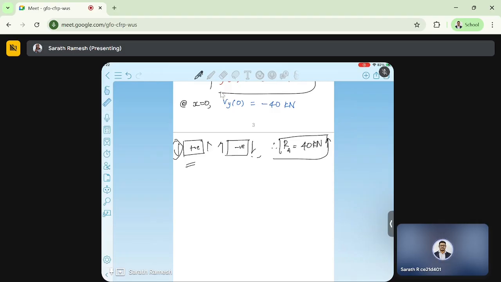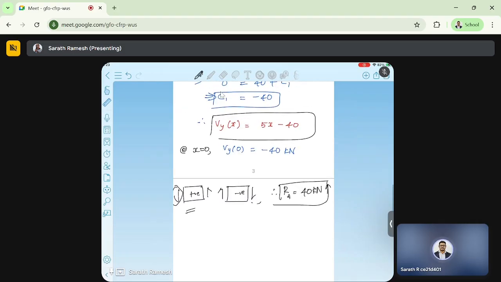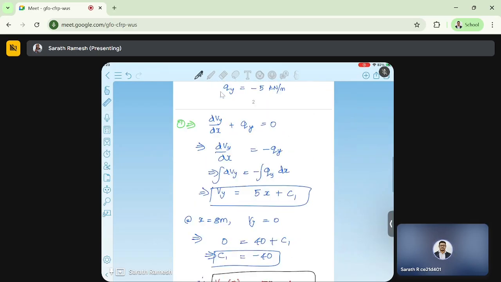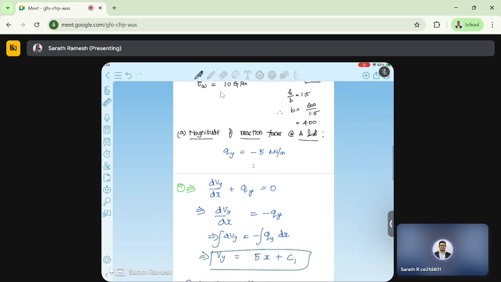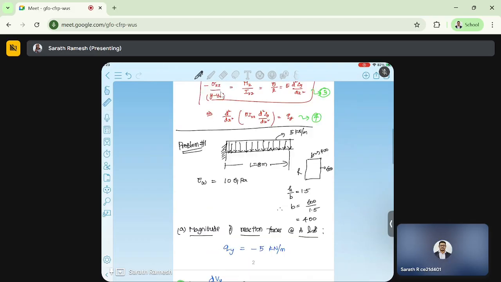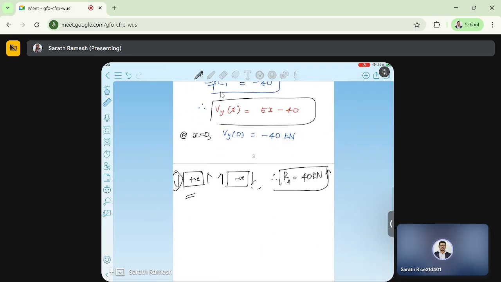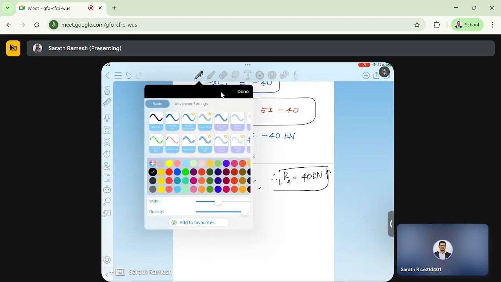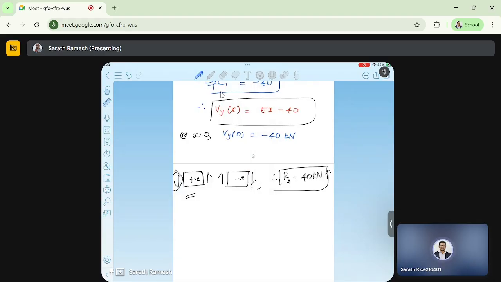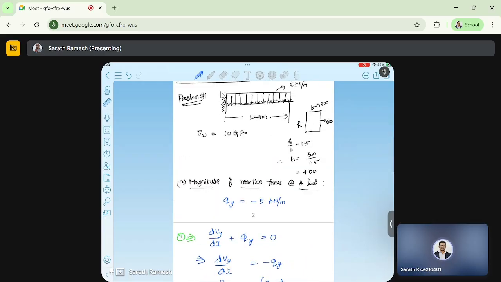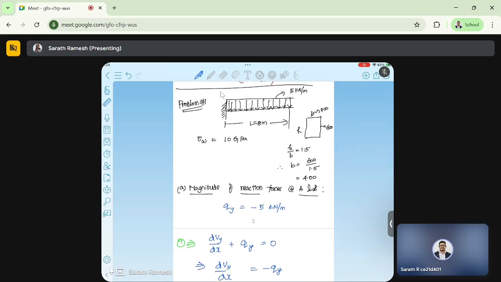So that's it. This is about the reaction at the support. RA is 40, and RB is 0. RB is 0, no need of doing it, because looking at the question, we can simply say it's a cantilever beam. There is no reaction at B.